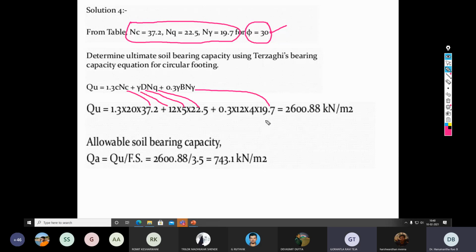Sir, here the overburden term is greater than the cohesion term. That's because your depth is very high. A depth Df of 5 meter is usually very rare. That is the reason it is high.